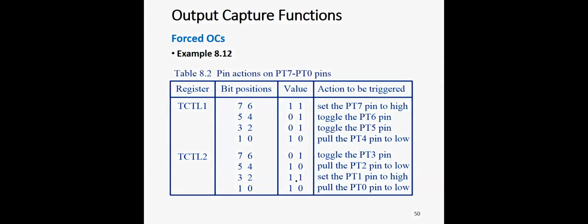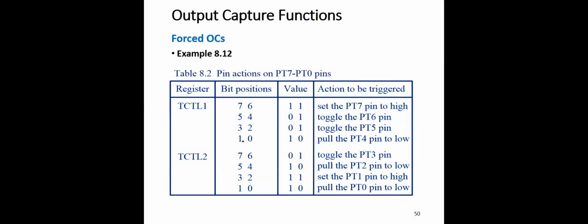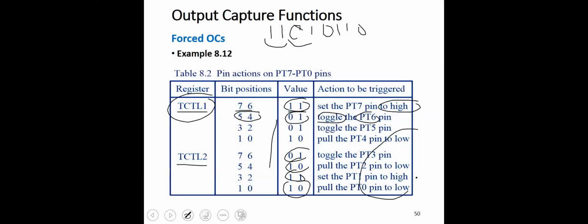And technically, because we are writing this value to this register, we will force these pins to have the configured value listed here, not by the time when there is a successful comparison for the channel.